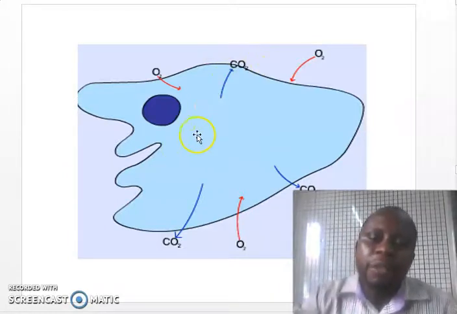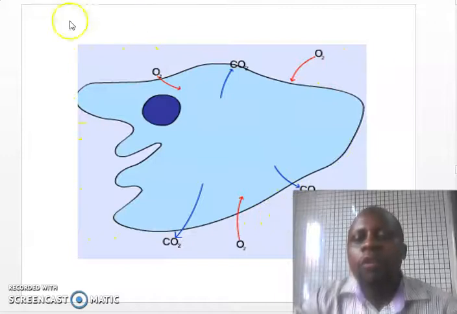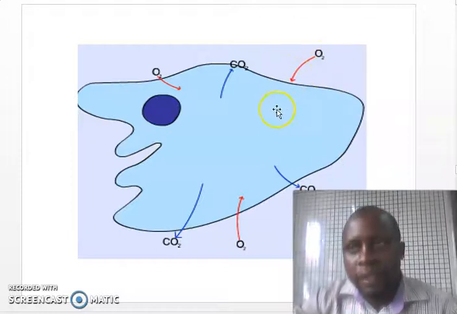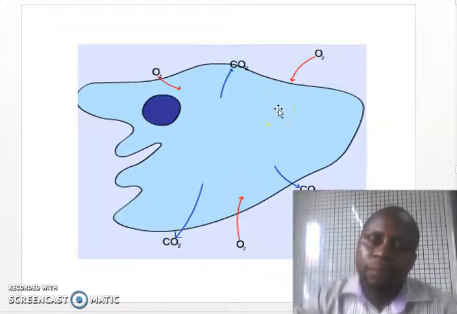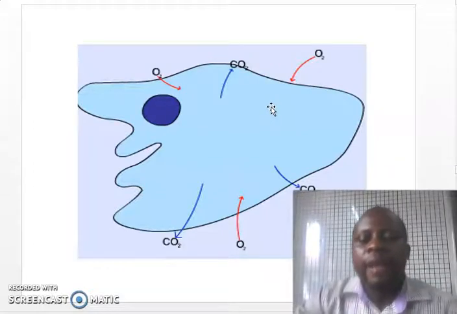Now, for respiration to take place, oxygen is needed. The surrounding water has a higher concentration of oxygen than inside the cell. Therefore, oxygen diffuses into the cell by diffusion. That is how gaseous exchange occurs in unicellular organisms like the protozoa such as amoeba.